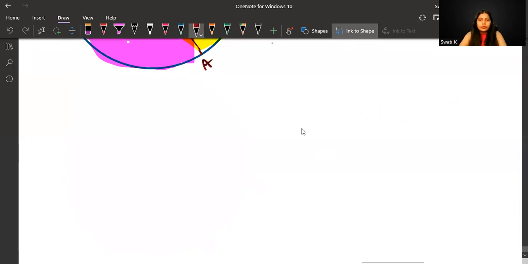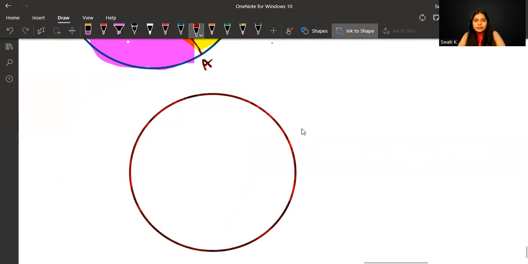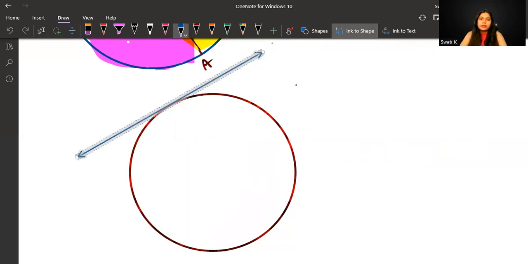So I'll draw a circle first. And now I'll pass some lines. Okay. So I have a line here. Remember, this is called a line because we have an arrow on both the ends. It has a name, and I'll tell you what the name of this is.